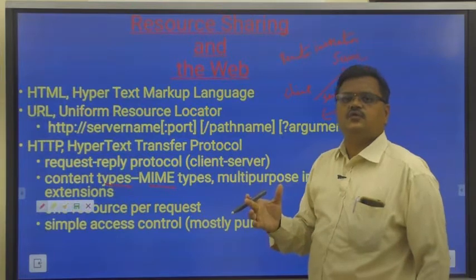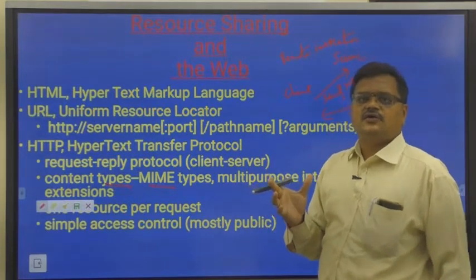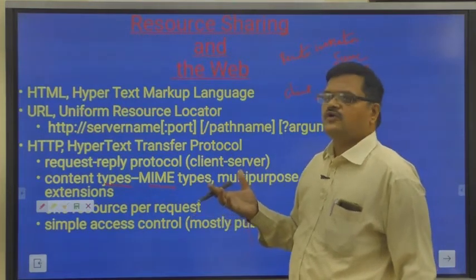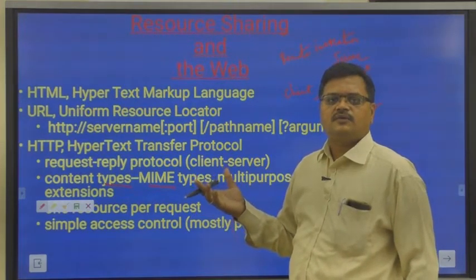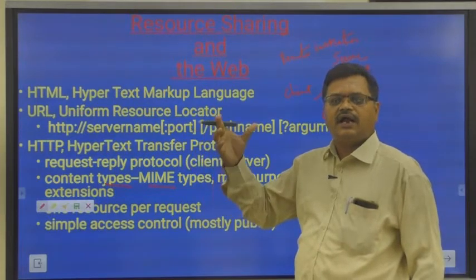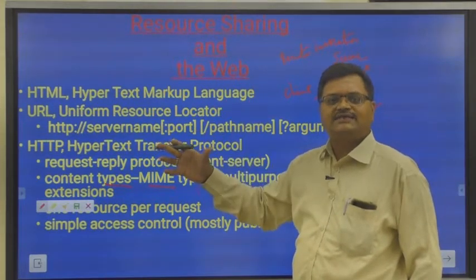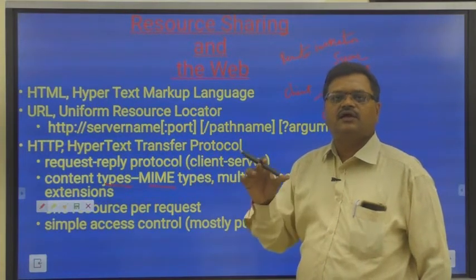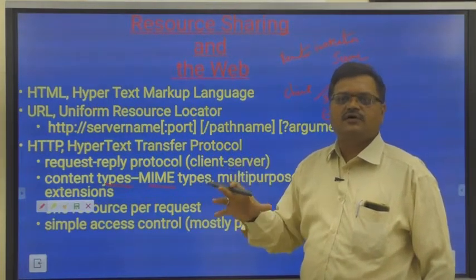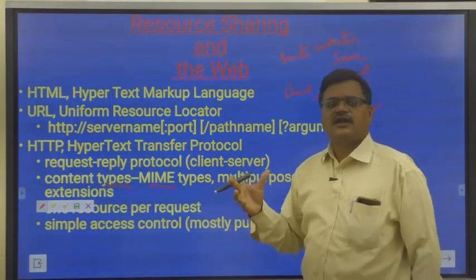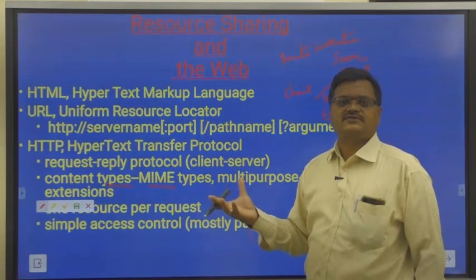Okay, so the server only gives the location. Suppose http://, I gave one server name, google.com. It will search in the server google.com and in the particular location examples, and then it will pick the file from there. The actual content is found at the server side.